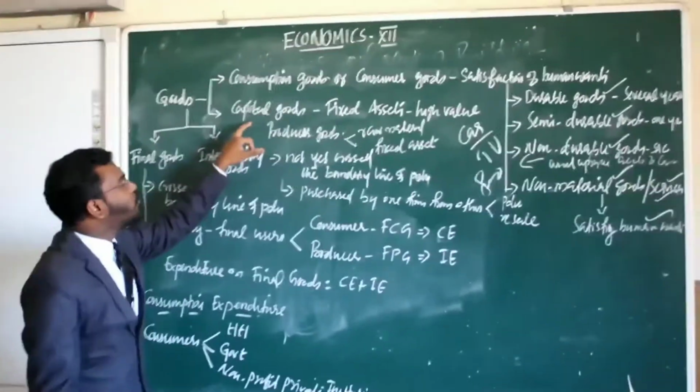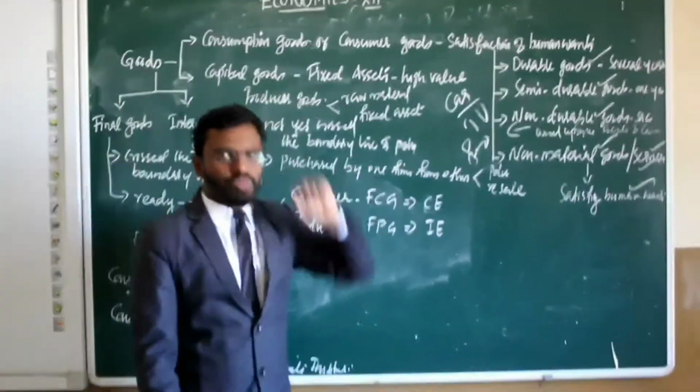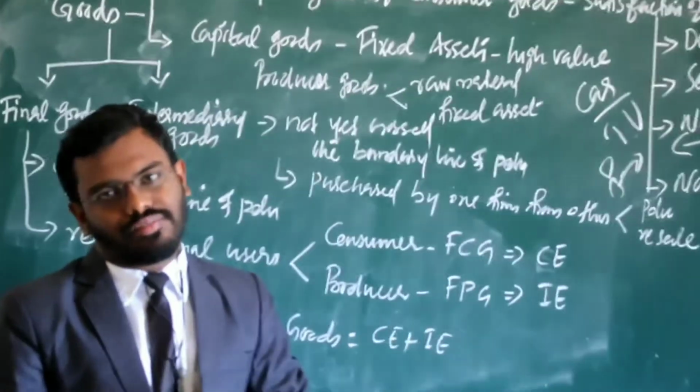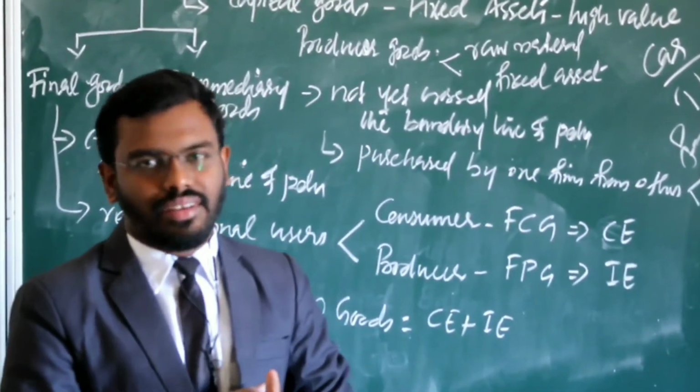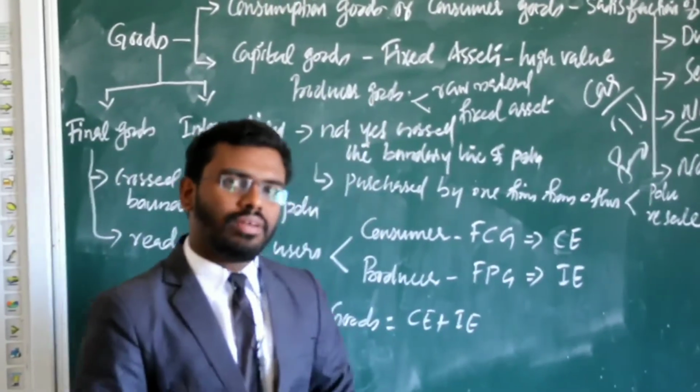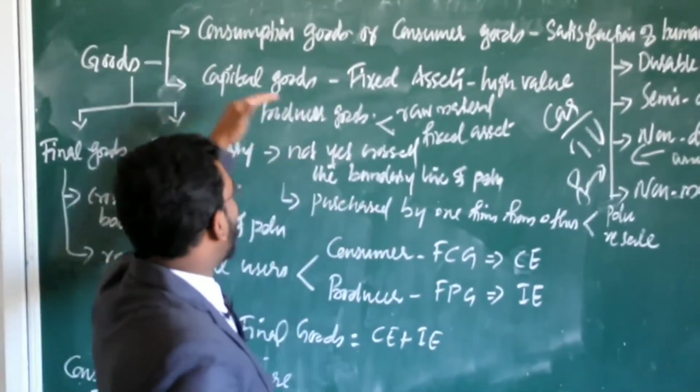And the second one is capital goods. From the word itself we can understand capital goods. What is capital? It is a man-made instrument used in production. You may study this in accountancy. So what are capital goods?